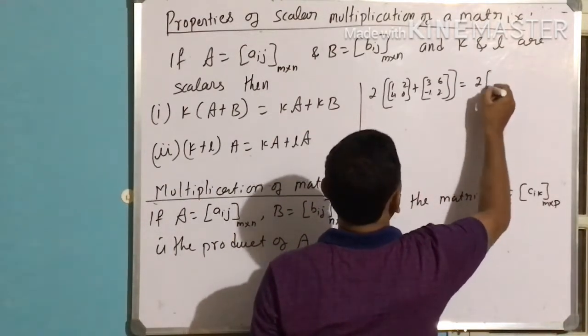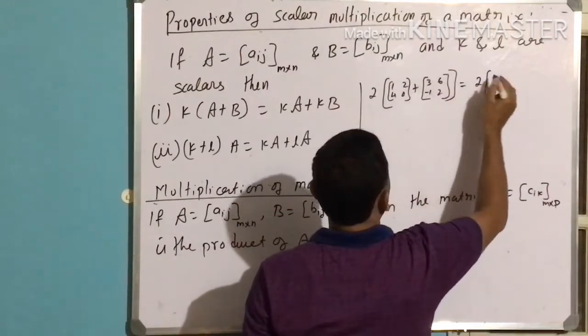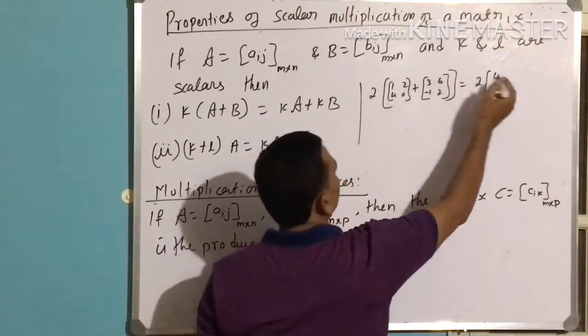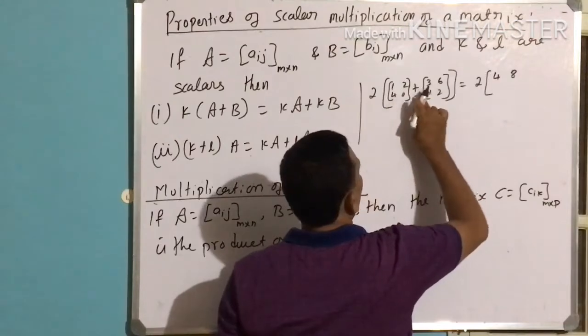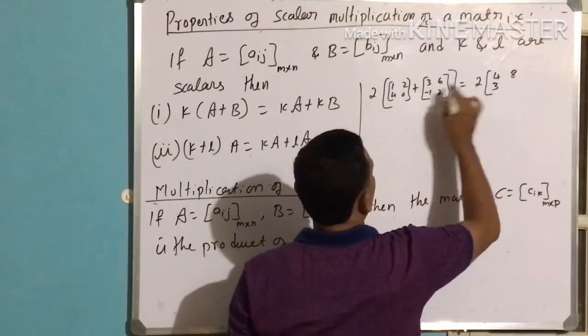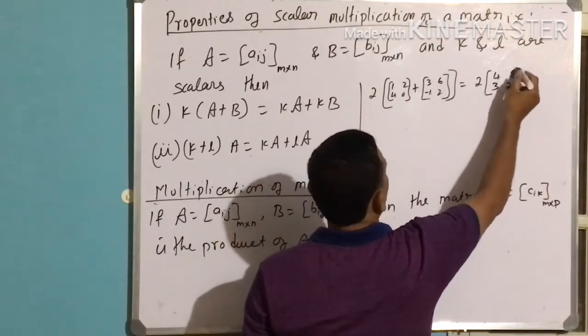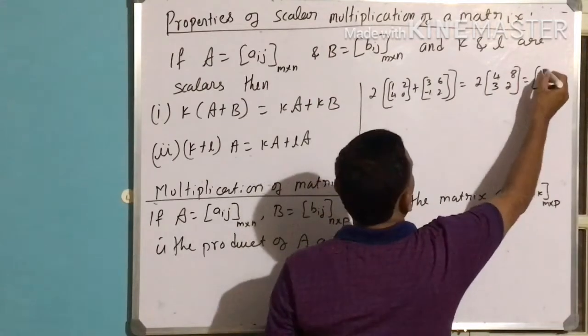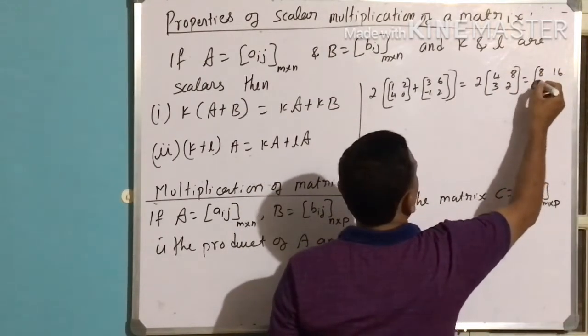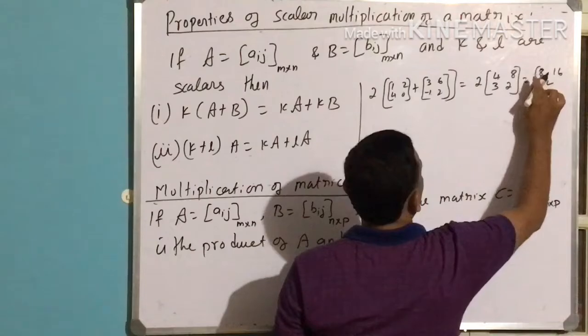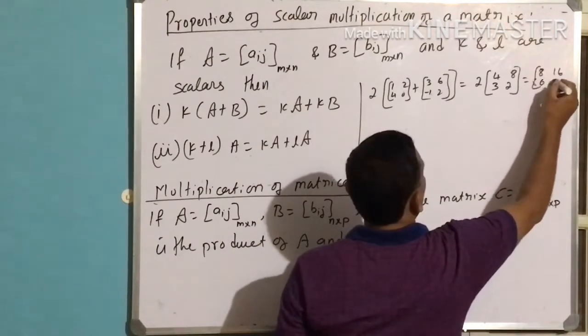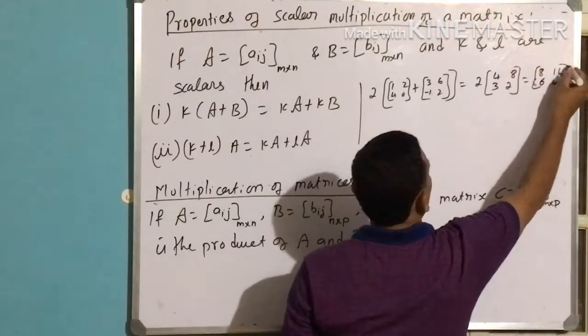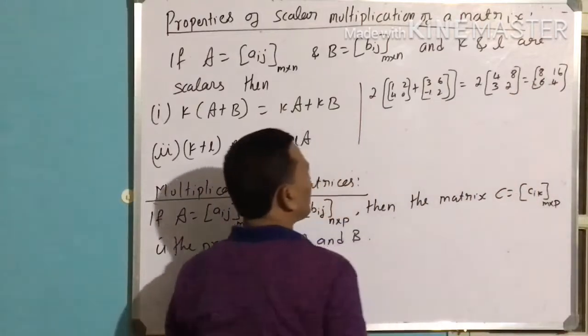One is 2 into 1 plus 3 is 4, 2 plus 6 is 8, 4 plus minus 1 is 3, 0 plus 2 is 2. So the result will be 8 16 6 4, which is obtained by multiplying 2 to all the elements of that matrix.